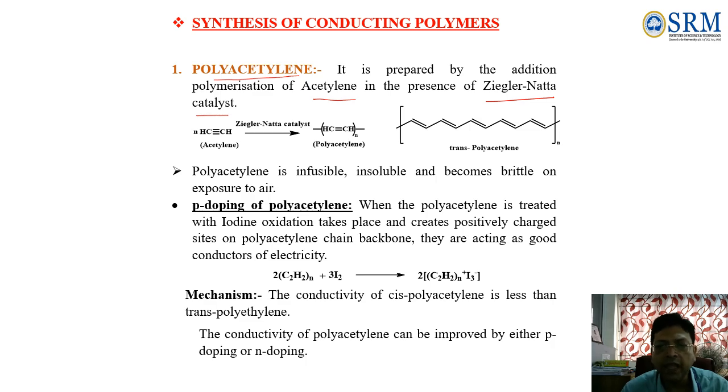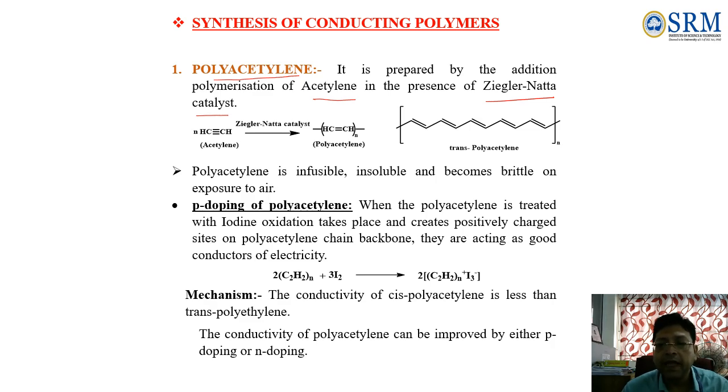It undergoes addition polymerization, and therefore gives rise to two types of polymer based on the spatial orientation. One is cis polyacetylene and another is trans polyacetylene. This is the structure of trans polyacetylene, which has an alternate single bond double bond character. It is infusible, insoluble, and becomes brittle on exposure to air. And the intrinsic conductivity is due to the presence of single bonds and double bonds, etc.